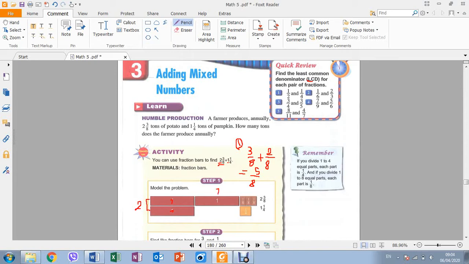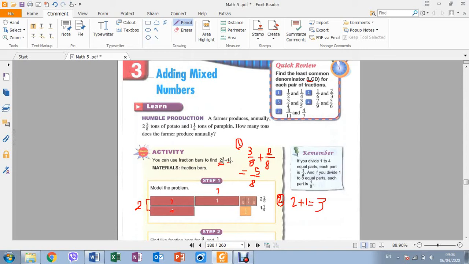The next step, the second step, we need to add these two whole numbers together. 2 plus 1 is 3. So the whole number is 3.